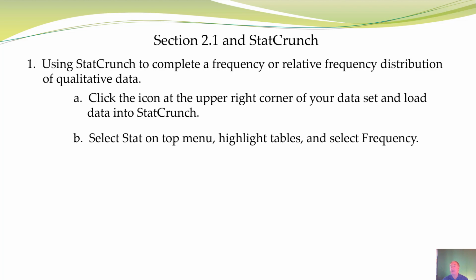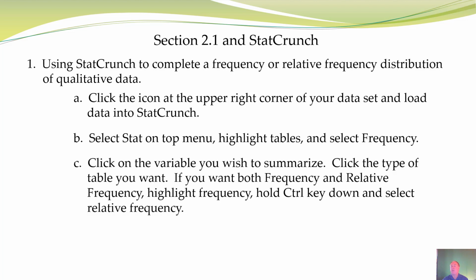B, select Stat on the top menu, highlight Tables, and select Frequency. C, click on the variable you wish to summarize, and click the type of table you want. If you want both frequency and relative frequency, highlight Frequency, hold the Control key down, and select Relative Frequency. Then you would click Compute.